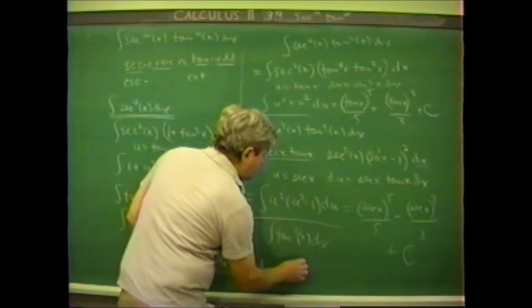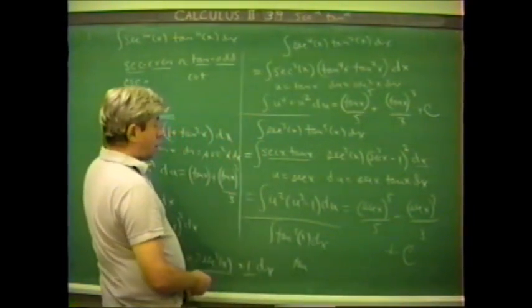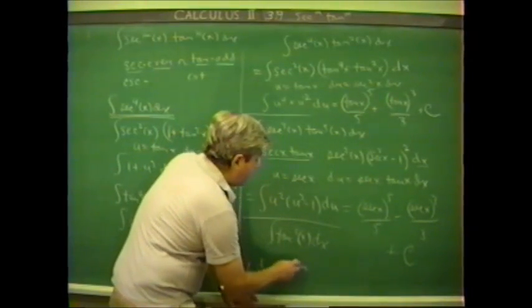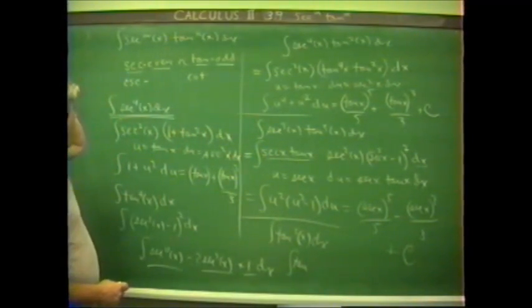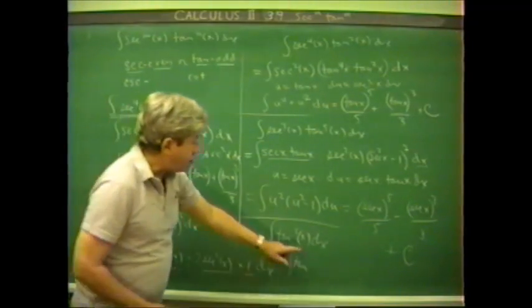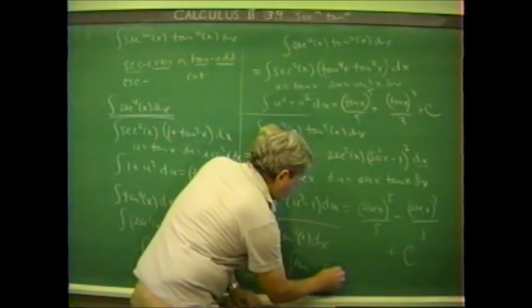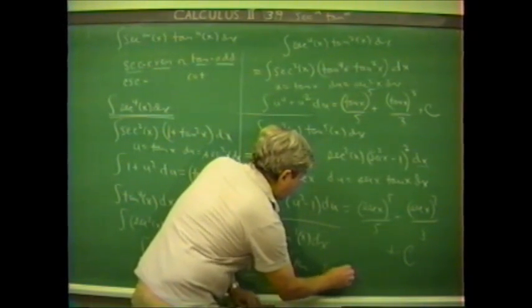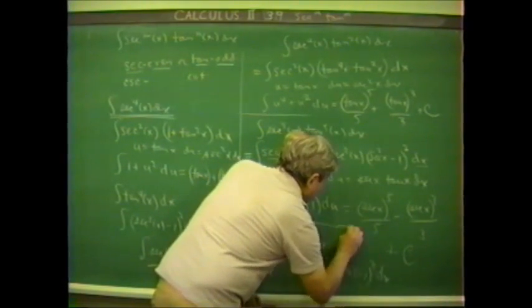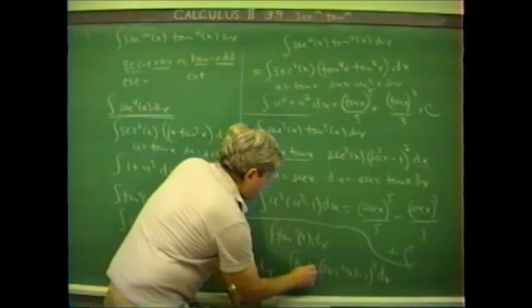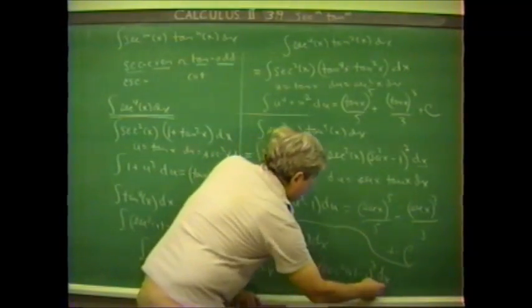Save a tangent, and change the rest to secants. You will then have tangent to an odd power and secants. We're going to have secant squared of x minus 1 squared, and tangent to an odd power, namely 1, and secants.